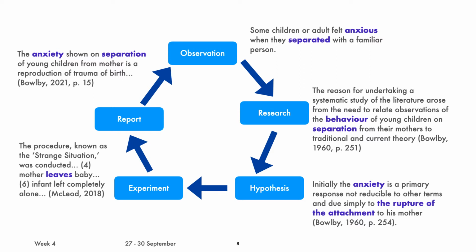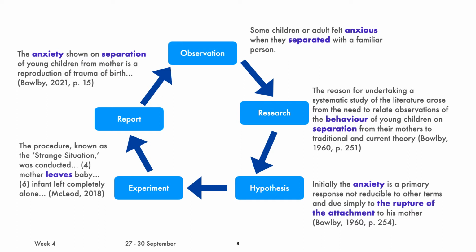Of course, other sources would say there are 7 stages, but for consistency or for simplicity, it's good that we stick with 5 for now. So all scientific research starts with an observation, like curiosity. We are curious about what is happening in the world.